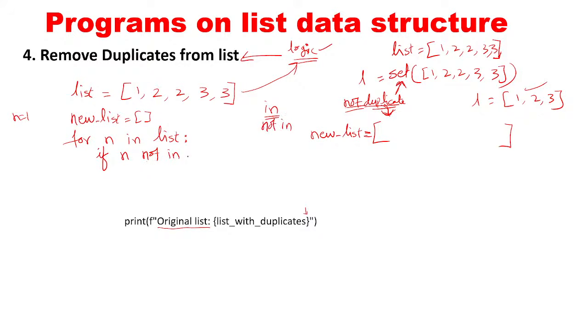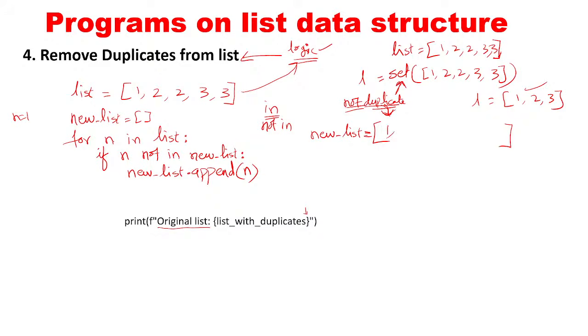So if n not in new list, meaning it is not present in the new list, then what do we need to do? You add it to the new list. How do we add an element to the list? By using the append function: new list dot append n. So n will be added to this new list.